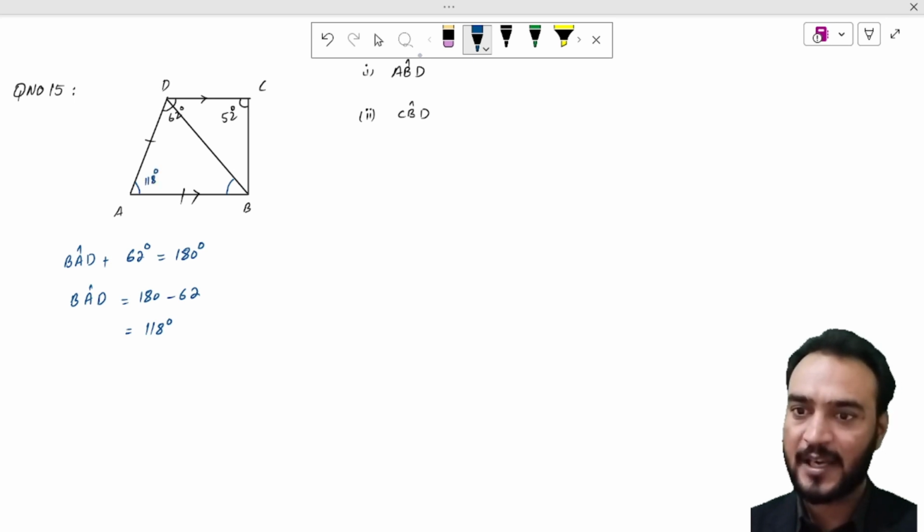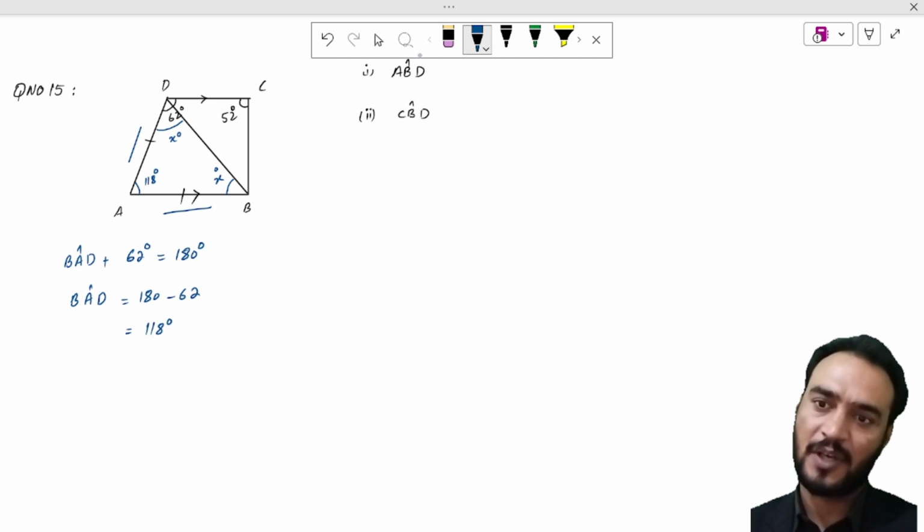As the sides AB is equal to AD, these two sides are equal, so the angles opposite these two equal sides are also equal. So let angle ABD be x degrees, and angle ADB is also x degrees.